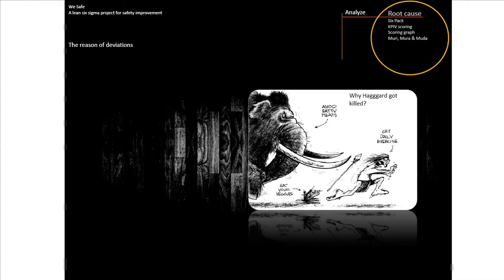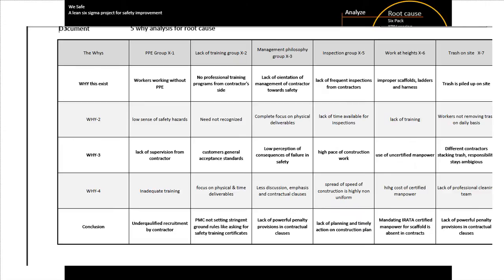Our first task is to locate the root cause of the deviations. We are taking up 5 why analysis to arrive at qualitative conclusions. I'll take an example from here, the lack of training group X2. Why does this exist? No professional training programs from the contractor side. We ask the question again, why?